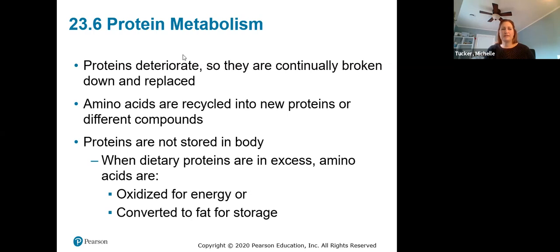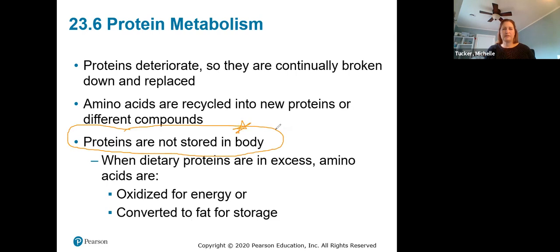As proteins deteriorate, which they do, we have structural proteins, we have functional proteins, and both categories are being broken down, or bonds broken, continually, so they have to be replaced. Amino acids are recycled into new proteins, different compounds. Proteins are not stored in the body. Okay, that's a big thing.